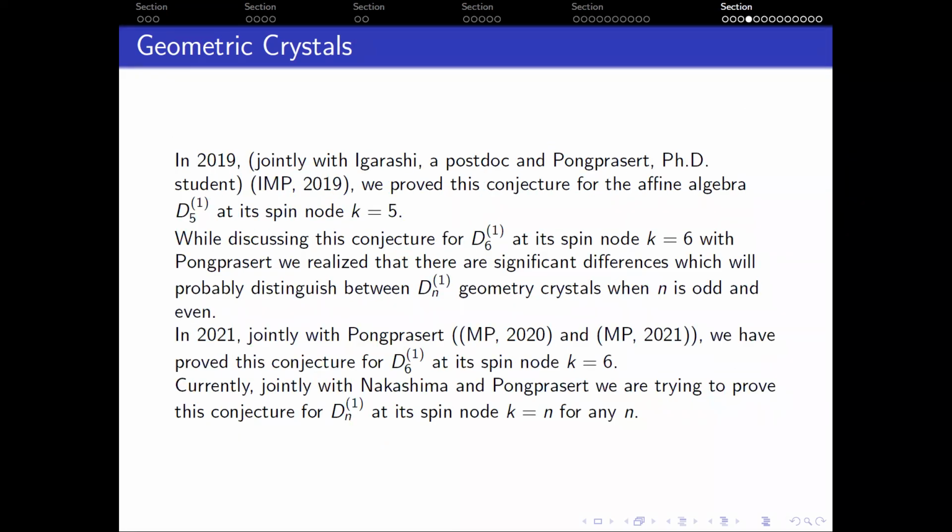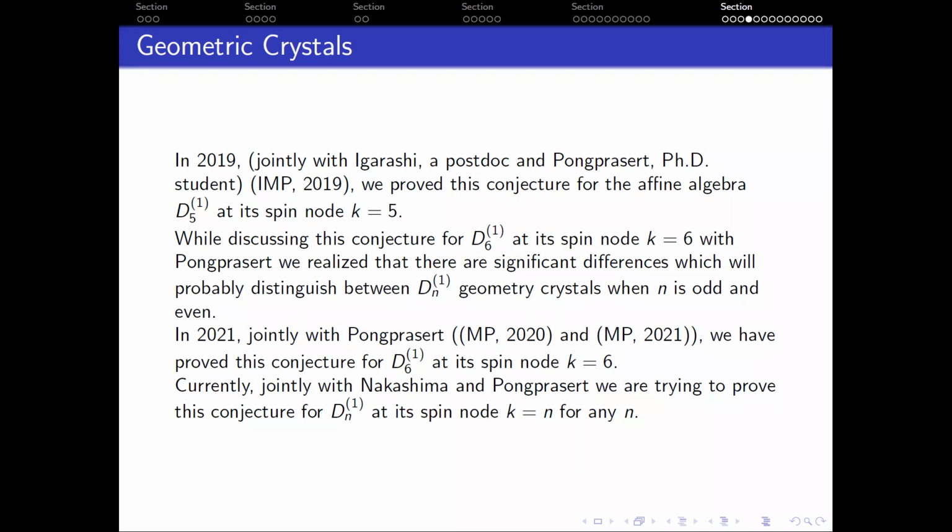So I will probably end it here. Actually, Sujata Prasad was one of my PhD students. So I gave her the problem to prove the conjecture for D_5 upper 1. And at that time, one of Nakashima's students was a postdoc with me.